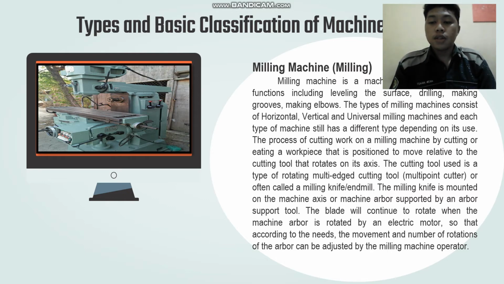The milling knife is mounted on the machine arbor supported by an arbor support tool. The blade will continue to rotate as the machine arbor is rotated by an electric motor. So according to need, the movement and number of rotations of the work can be adjusted by the milling machine.